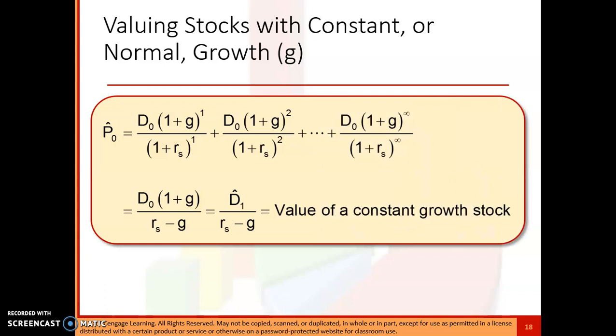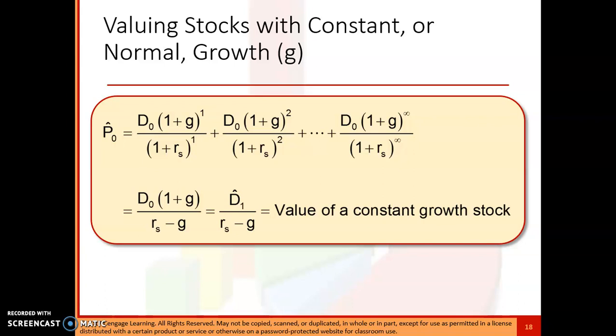So when we go down here, for this year's price, we need to estimate what the dividend in the coming year is going to be. So we take the current dividend, which is given in some of the problems in your homework.